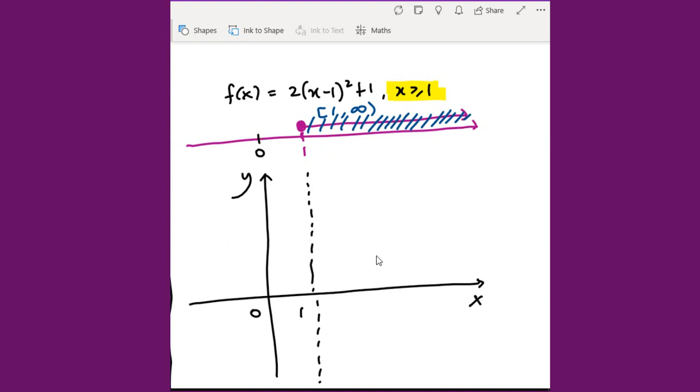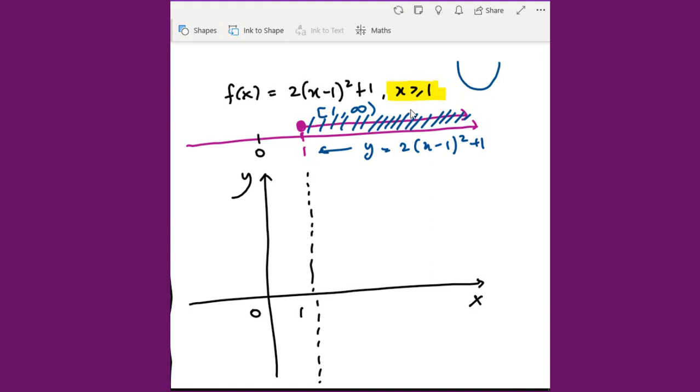So sketch the xy axes with a dotted line. You need to sketch the graph y equals (x minus 1) squared plus 1 within this domain.